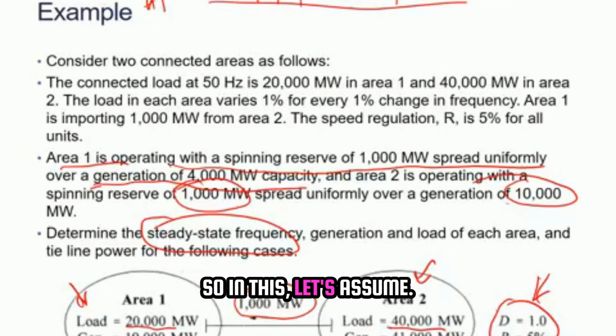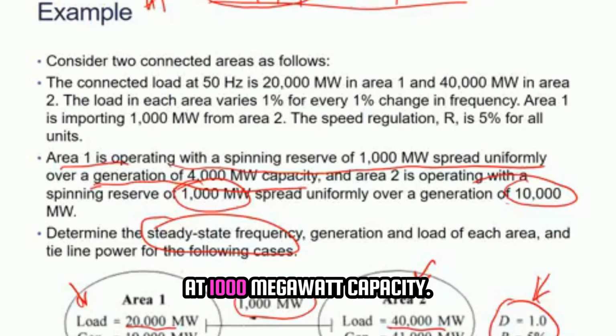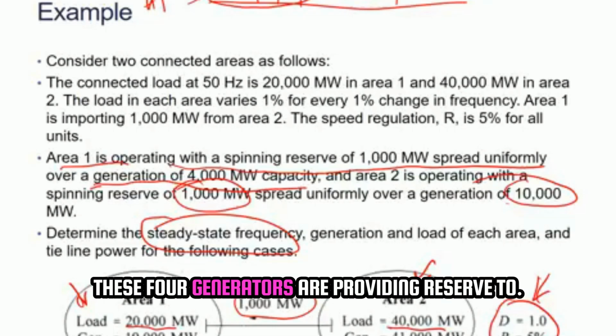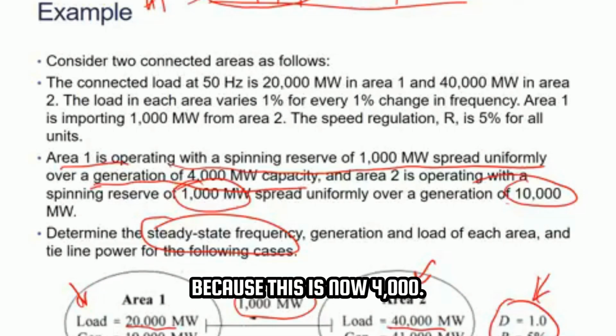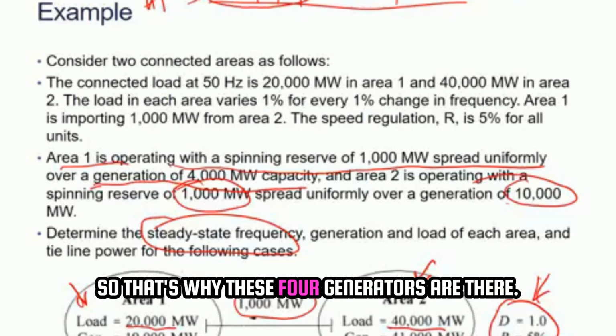So let's take the first four generators here, because all these are generating at 1000 megawatt capacity, and only these four generators are providing reserve, because this is now 4000.